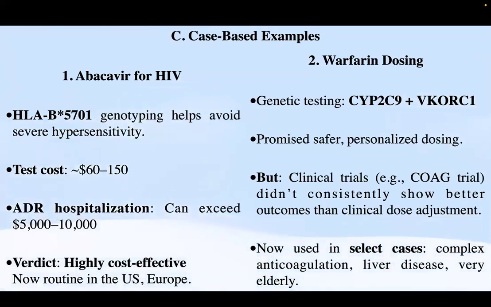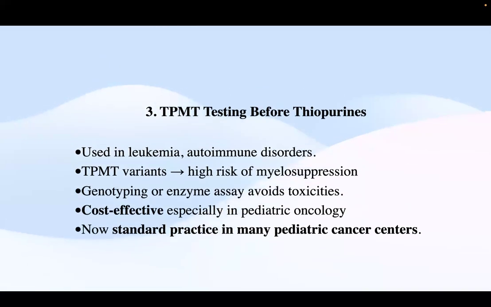Not even 1 in 10, I think. So it is used in very selected cases, such as very complex anticoagulation, liver damage, and very elderly patients. This is a case-based example to understand genetic testing. And the last we have is TPMT testing before thiopurines, which is also an example we already understood in the previous sessions.